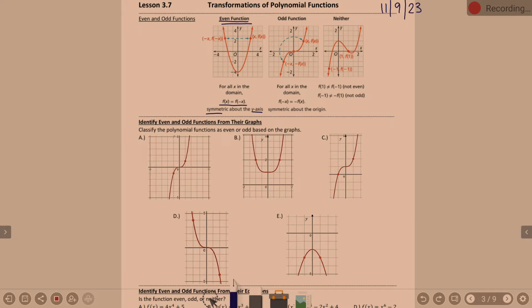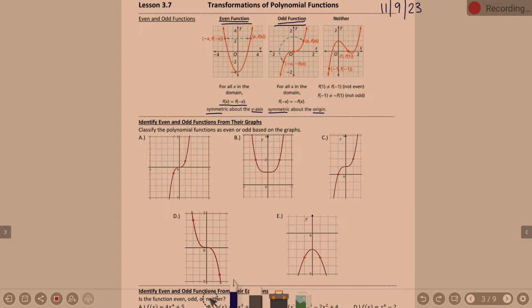If a function is what we call odd, it is symmetric about the origin. We can talk about symmetric about the origin a couple of different ways. You can think of it as a rotation of 180 degrees.